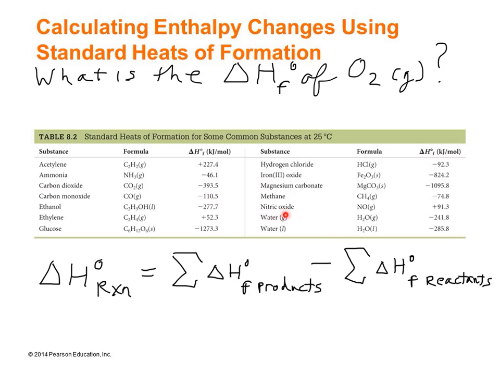No, you don't. Does oxygen gas have to form at 25 degrees Celsius and 1 atm of pressure? No. That's how oxygen exists naturally at that temperature. Additionally, oxygen is an element, so you can't form it from something else. So the enthalpy of formation for oxygen gas is 0.